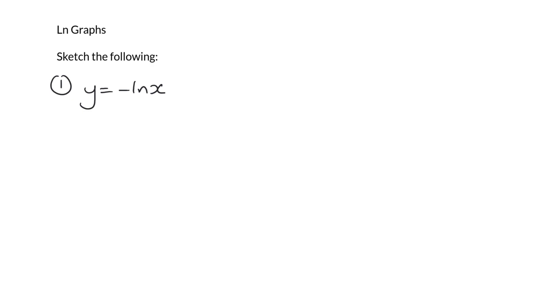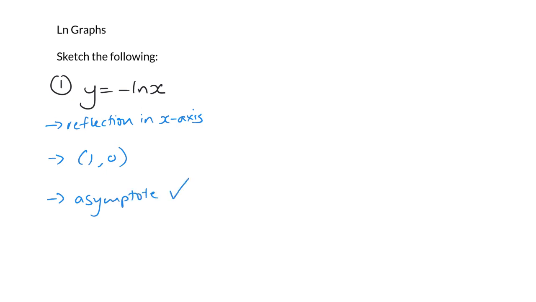Moving on to the ln graphs then. So sketch the following: y equals minus ln x. So it's a minus in front of the whole equation, so that means a reflection in the x-axis. It'll still go through 1, 0, and your asymptote will stay the same.